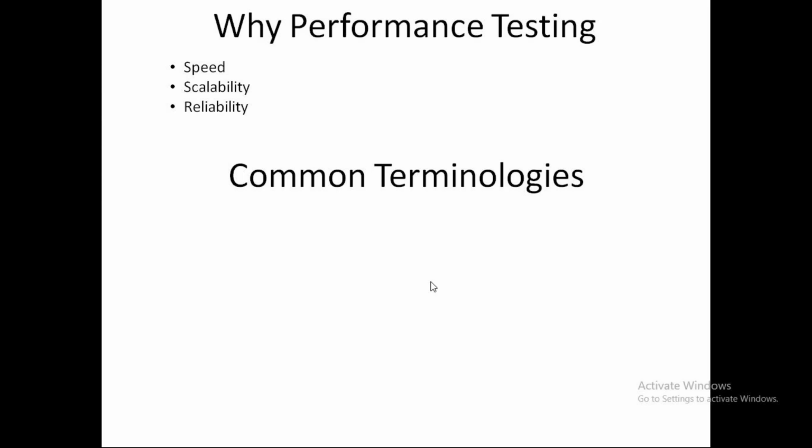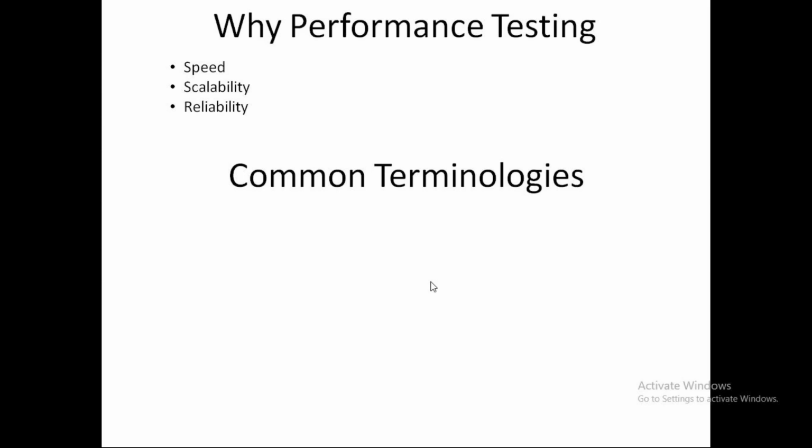So we are also verifying the scalability of the application. Then comes reliability. Now whenever my application is having good speed, let's say my application is also scalable, but if it is having good speed and good scalability only for a finite duration, then also I cannot say that my application performance is good, because I need my application to be reliable as well, right?